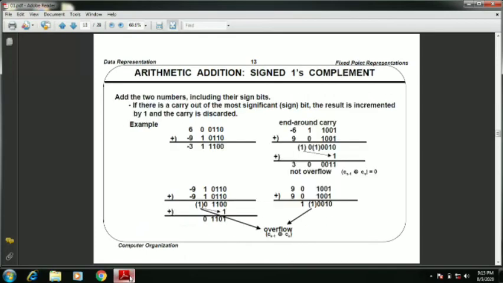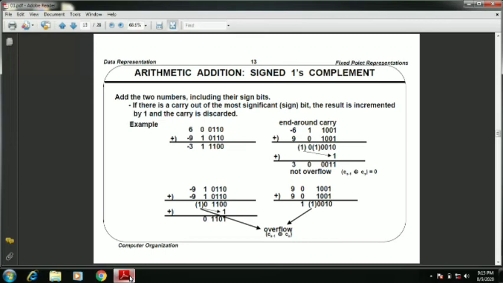We go to the next topic: arithmetic addition of signed 1's complement. This is very simple, with only one rule. Add the two numbers including their sign bits. If there is a carry out of the most significant bit, the result is incremented by 1 and the carry is discarded.